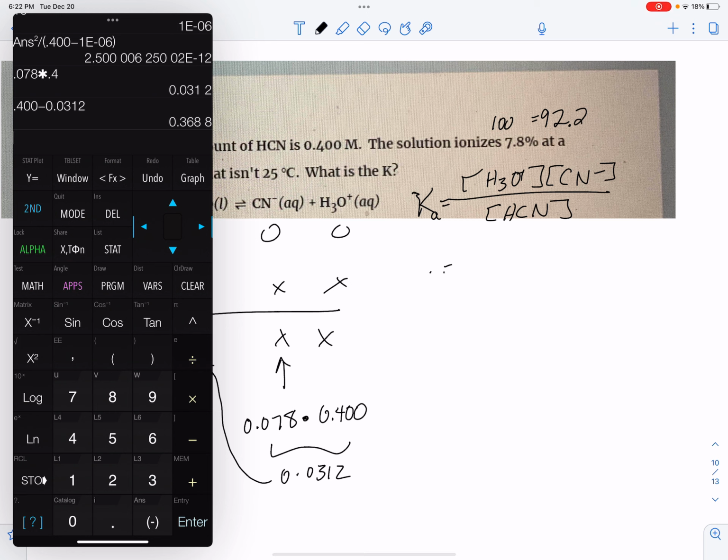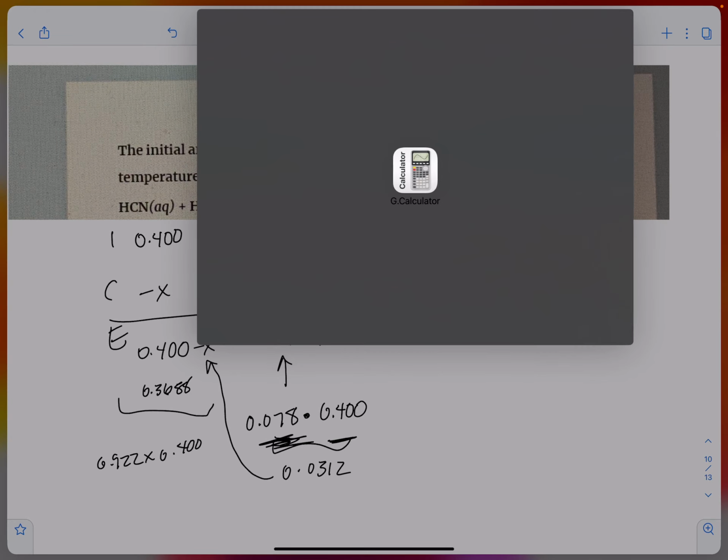So when I go over here, this is going to be 0.0312. That's what you get from the 0.078 times your initial. There's two of them. It would go in as x squared, by the way. Let me scooch this down so I'm not skipping too many steps. Ka equals x squared over 0.4 minus x.